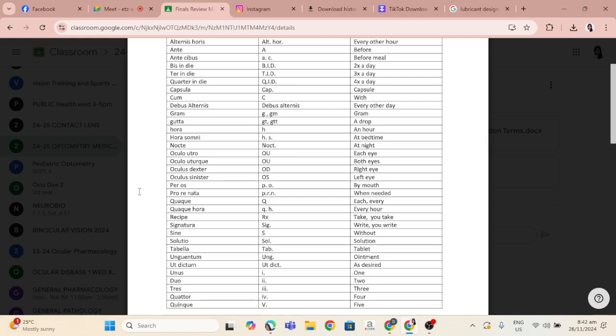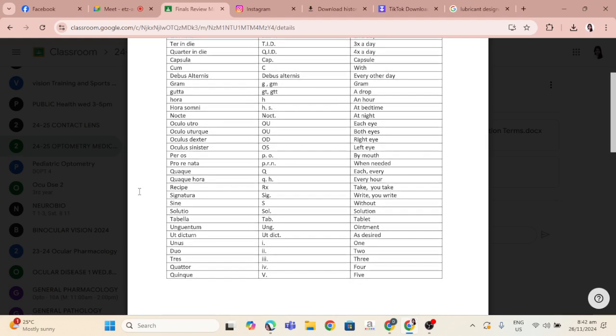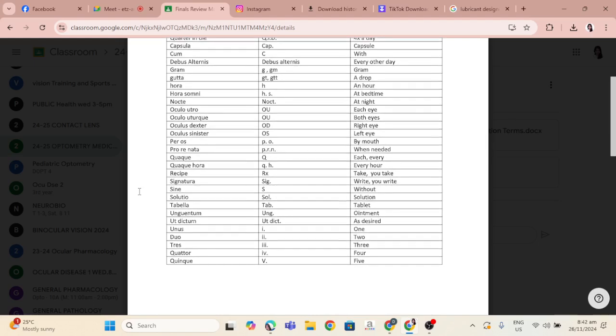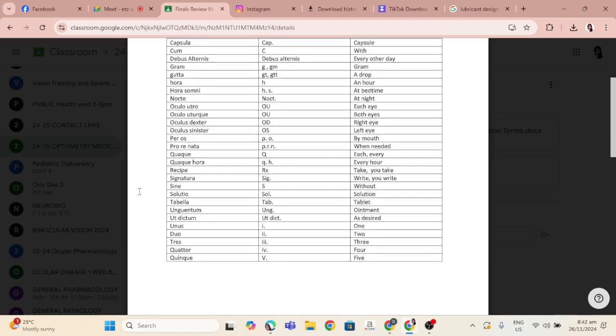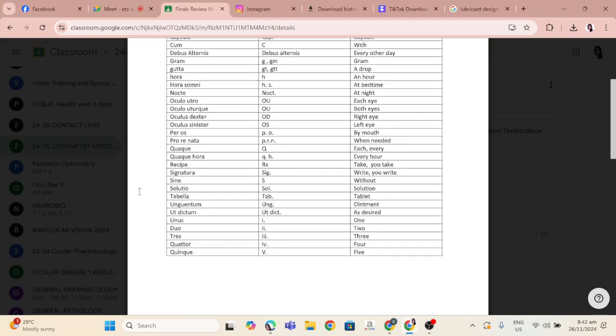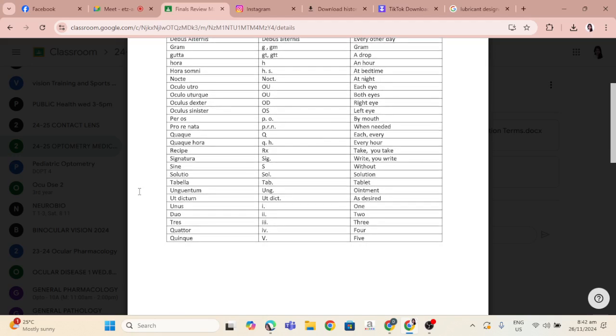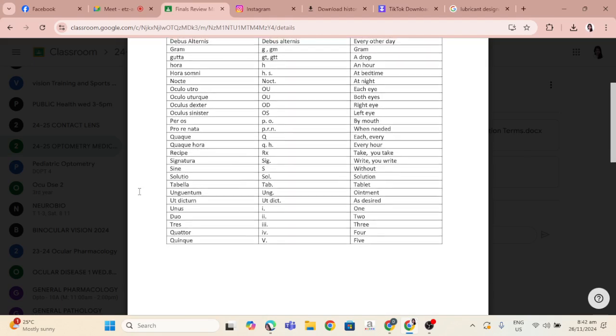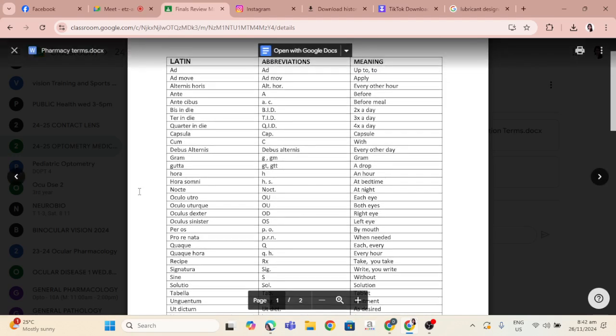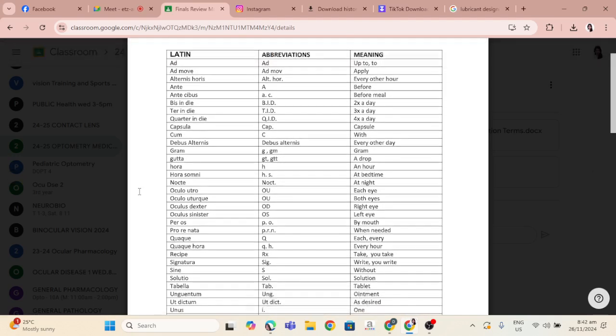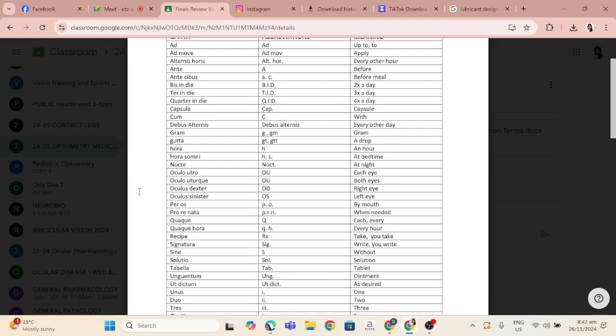G or GM is gram, yung HS horasomni, which is translated to be taken at bedtime, or kumbaga before bedtime actually, yung itong si Horasomni. Noct or noct, and a period would be at night.